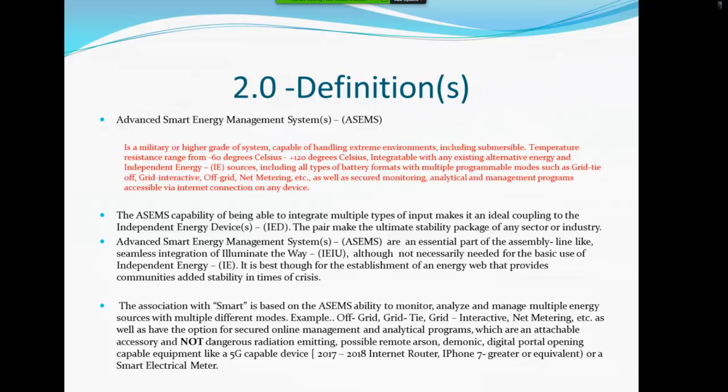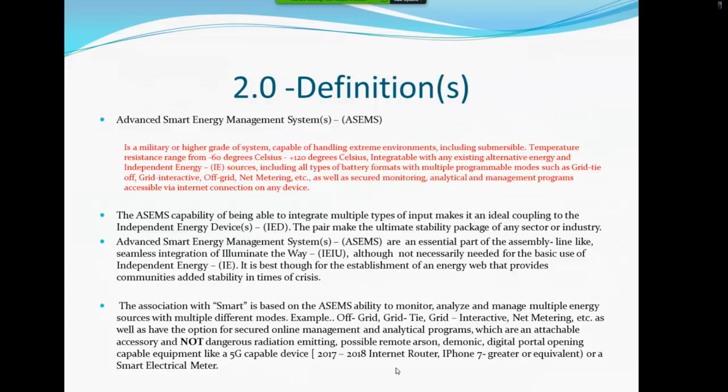So the smart, how everybody's like, oh, so it's not, as down here, a dangerous radiation emitting, possible remote arson, demonic digital portal opening capable equipment, like a 5G capable device, which you'd see in probably a 2017, 2018 internet router, 5G, which you should just deactivate anyway, because you're not using it.